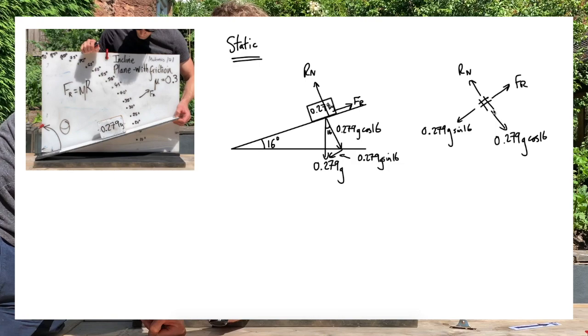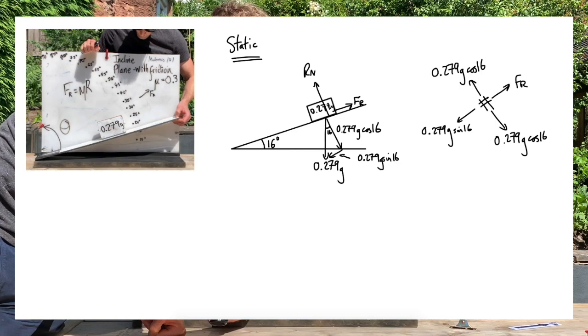We can work out what mu is by setting two of these equal to each other. What we know is that Rn must equal 0.279 G cos 16, so we can change that straight away. We know that we have no other forces which are going to make the normal force any greater or less.